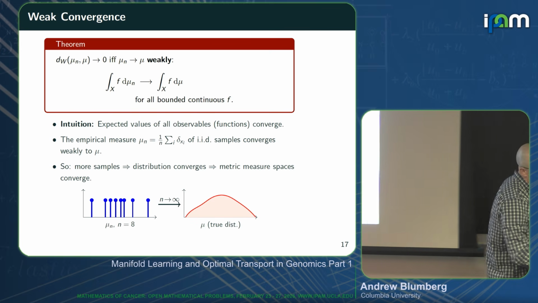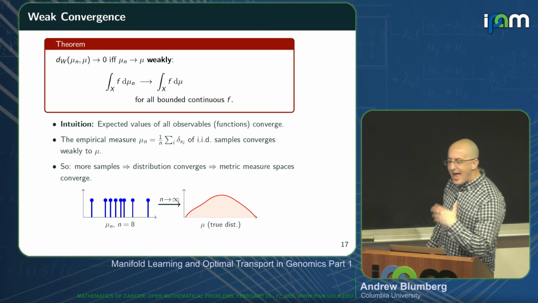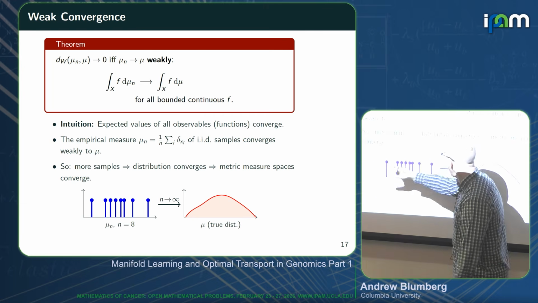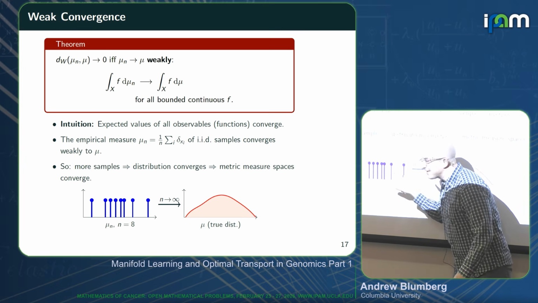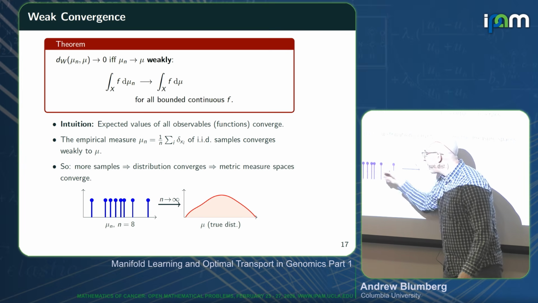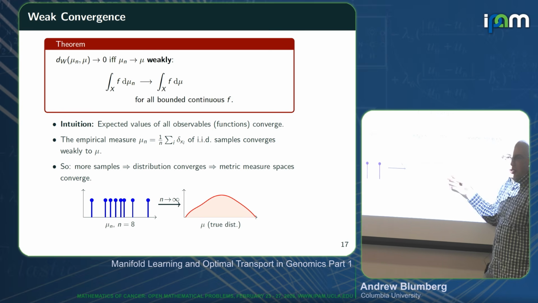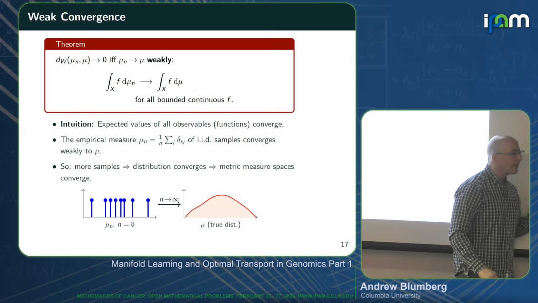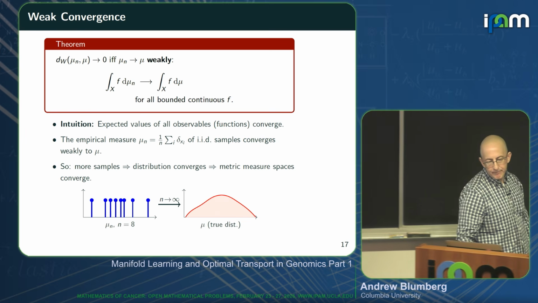But for our purposes, this converges. And what's happening is a reflection, again, of this law of large numbers, where if I start sampling from this thing and I get something like this, as I have more and more points, this is going to converge in the Wasserstein metric to this. Okay? And that's, again, a sanity check.